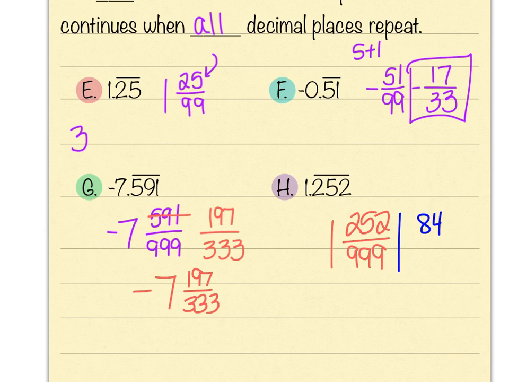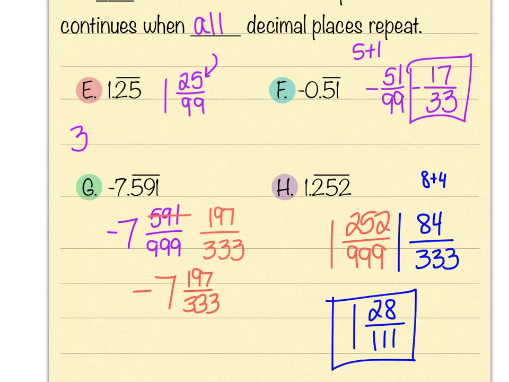So this is 1 and 84 over 333. And then 84 is divisible by 3 because 8 plus 4 is 12. So we can reduce this again to 1, and then 3 goes into 84 28 times, and 3 will go into 333 111 times.